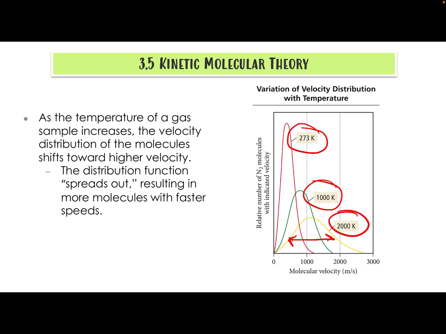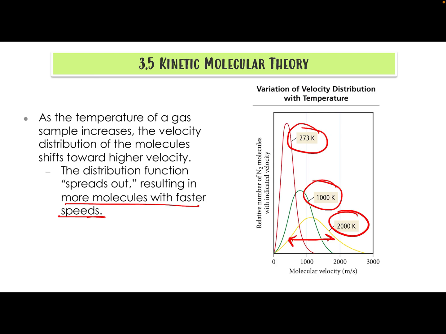Basically that means that all of my molecules are spread out over higher velocities, resulting in more molecules with a faster speed. Higher temperature gives you more energy. With more energy put into the system, the particles absorb the energy, and so there are more molecules at higher speeds.